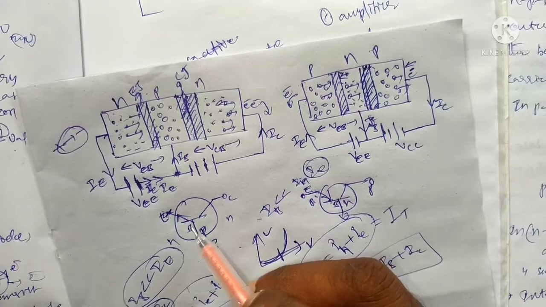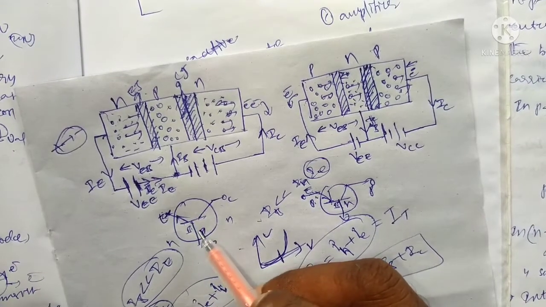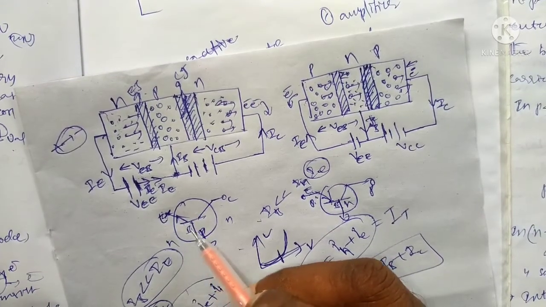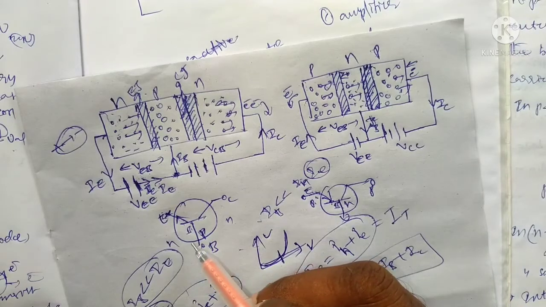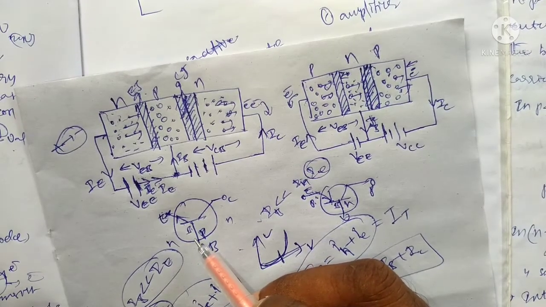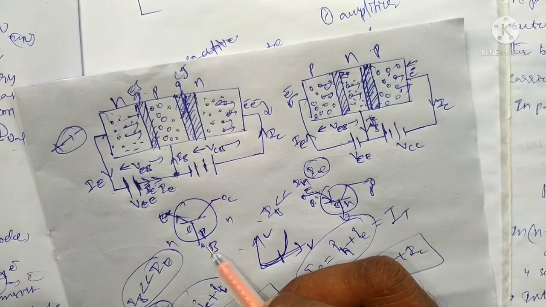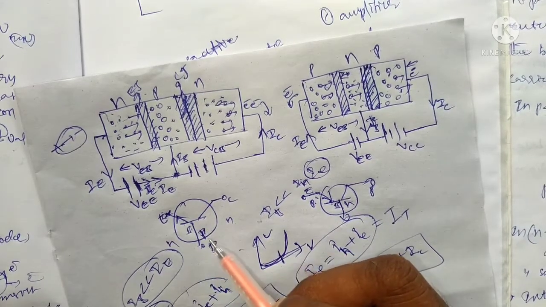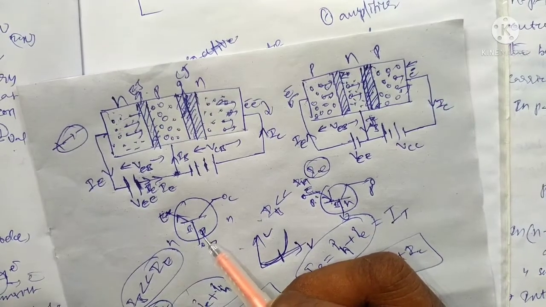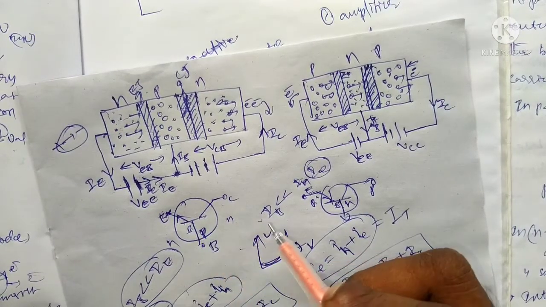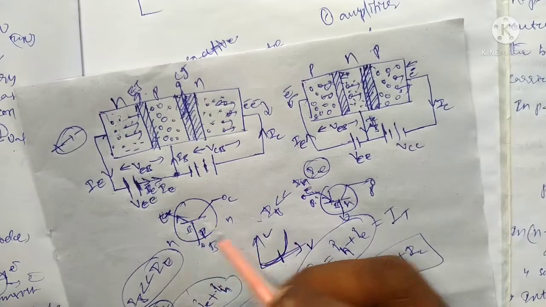And also this path is nothing but the majority and minority charge carriers in the NPN and PNP transistor. The current in PNP and NPN is the same but in the opposite direction.